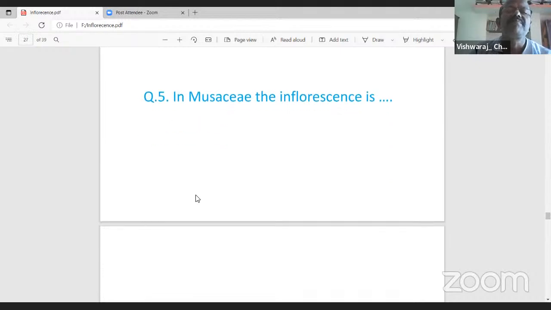Question number 5: in Musaceae, which type of inflorescence occurs? Musaceae means Musa paradisiaca, which is banana. Which type of inflorescence is in banana?